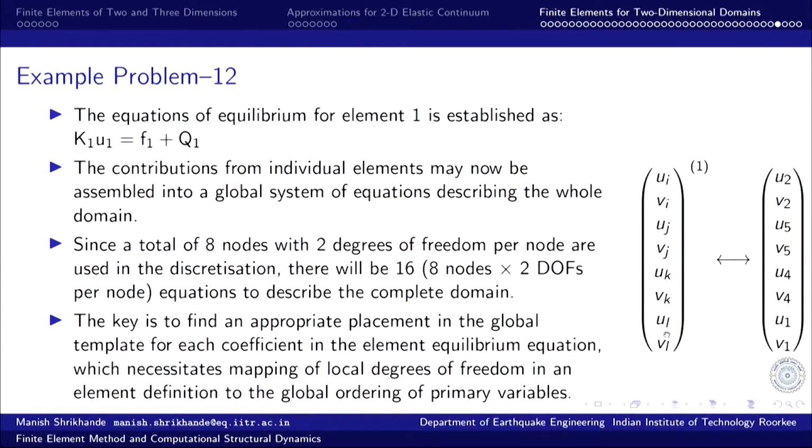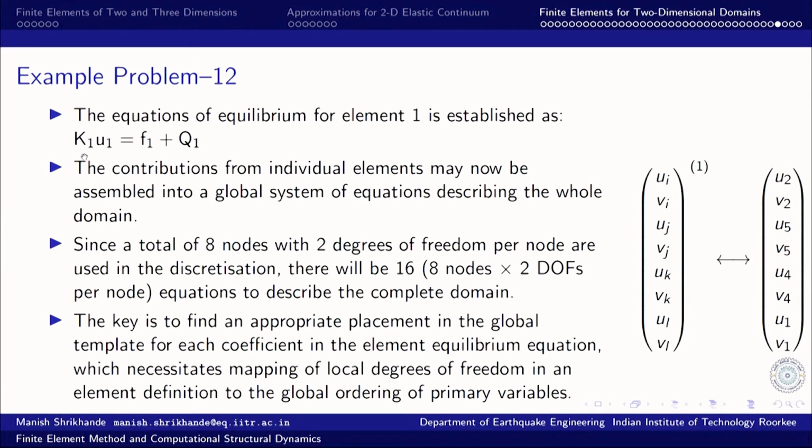And in this case UL, so that is the fourth node, the 7th and 8th variable in this element level variable, right. So, 1, 2, 3, 4, 5, 6, 7, 8.